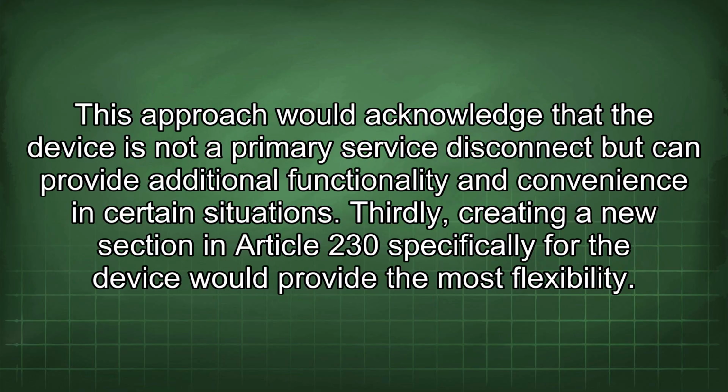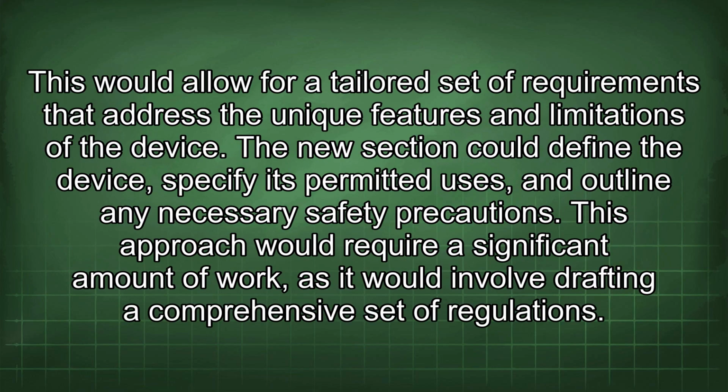This approach would acknowledge the device is not a primary service disconnect but can provide additional functionality and convenience in certain situations. Thirdly, creating a new section in Article 230 specifically for the device would provide the most flexibility. This would allow for a tailored set of requirements that address the unique features and limitations of the device.